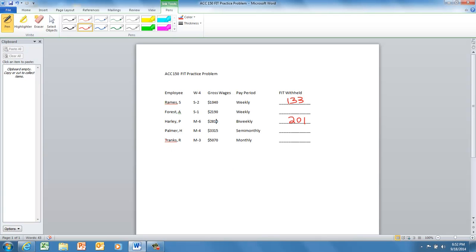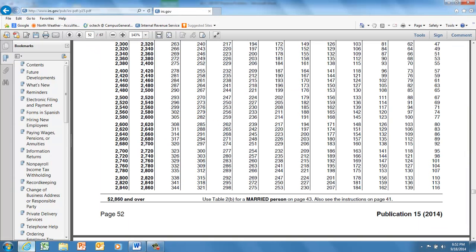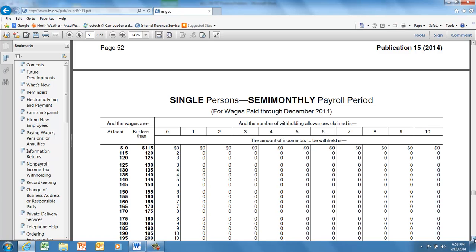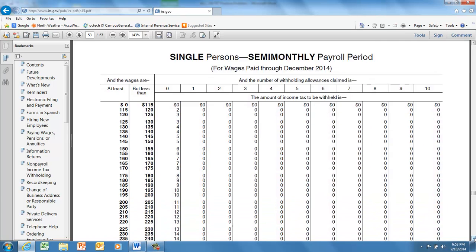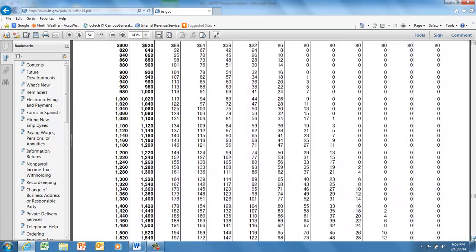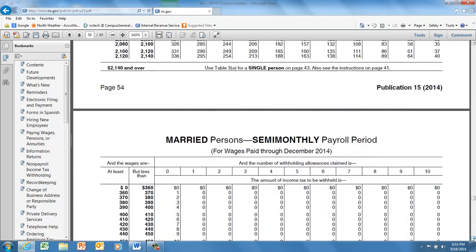The next one is H. Palmer, who has 3,315 on a semi-monthly basis and claims married 4. So 3,315, semi-monthly, married 4. I have to find the semi-monthly pages here. Here start the semi-monthly pages. There's a couple of singles, and we get to the married.